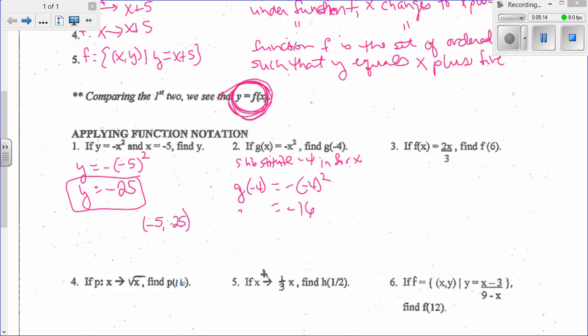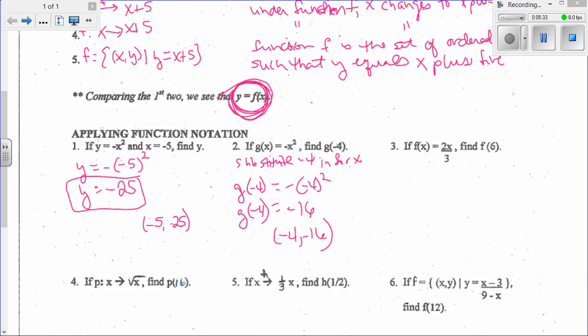So g of negative 4 is equal to negative 16. I do not divide by that negative 4. That is not negative 4 times g. It's just function notation. So my ordered pair here would be negative 4, negative 16.